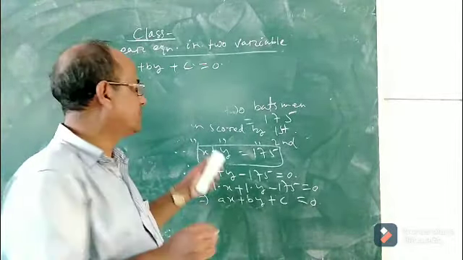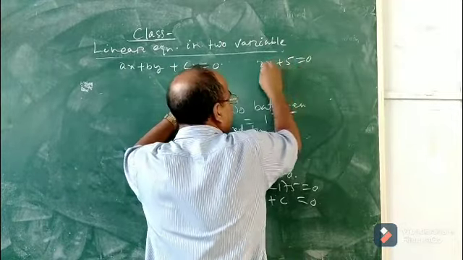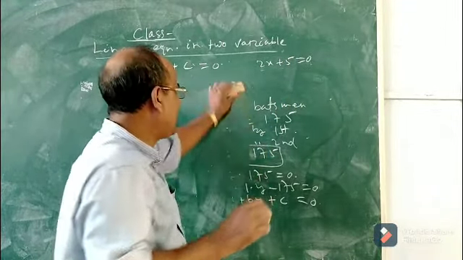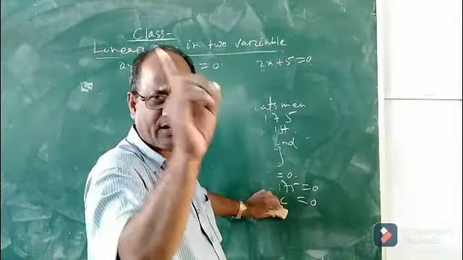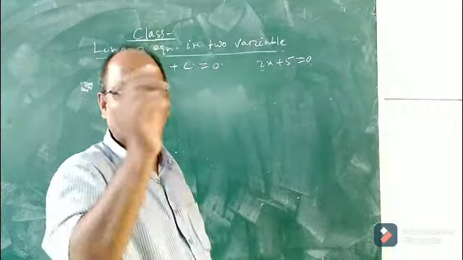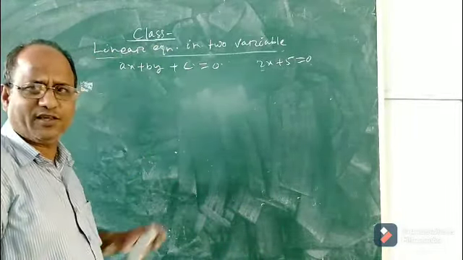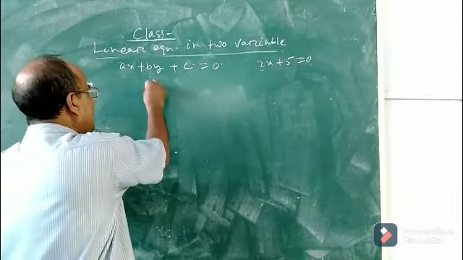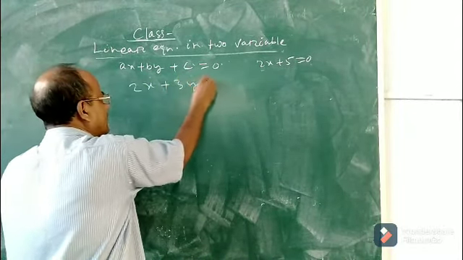As I told you in the previous example, while discussing a linear equation in one variable, if you solve it, you will get only one solution or root, because it is a linear equation in one variable. But here, suppose you are given 2x plus 3y equal to 12.